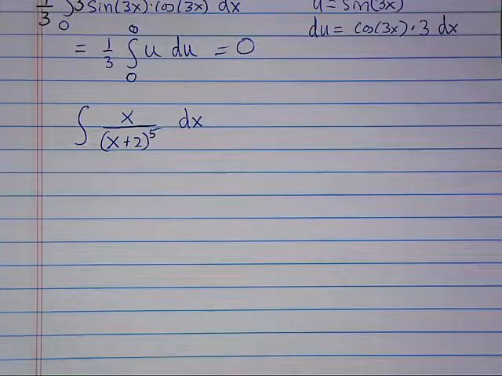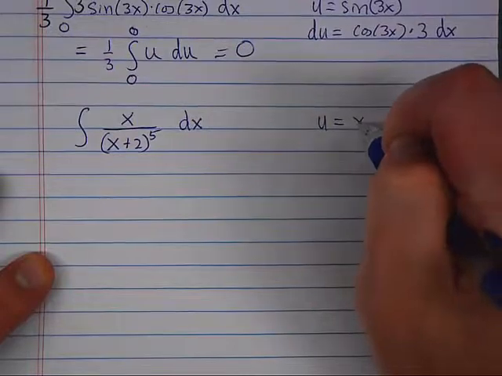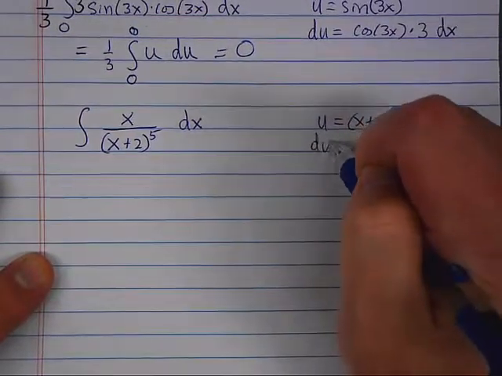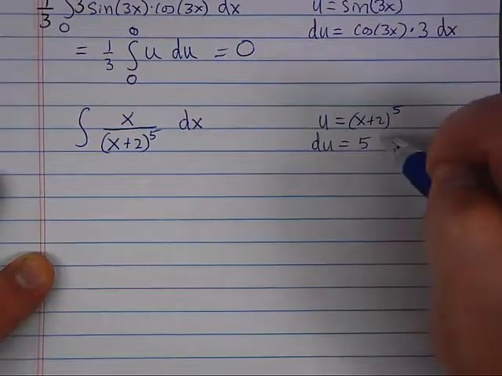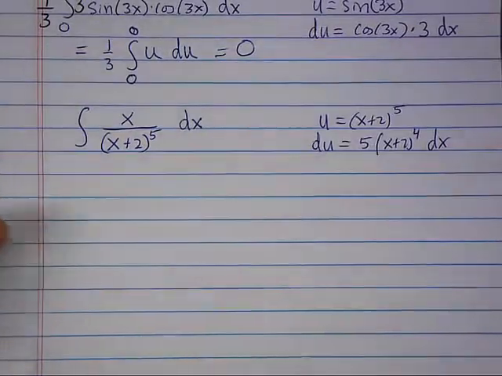I don't think I want u to be (x plus 2) to the fifth. I don't think I want it to be negative fifth either. Because, let's just write it down, if u is (x plus 2) to the fifth, then the derivative would be 5 times (x plus 2) to the fourth dx.